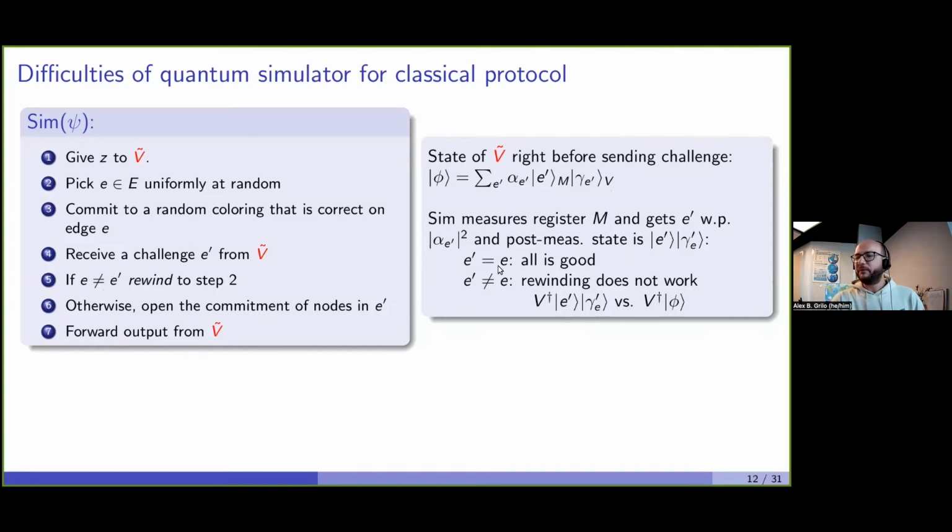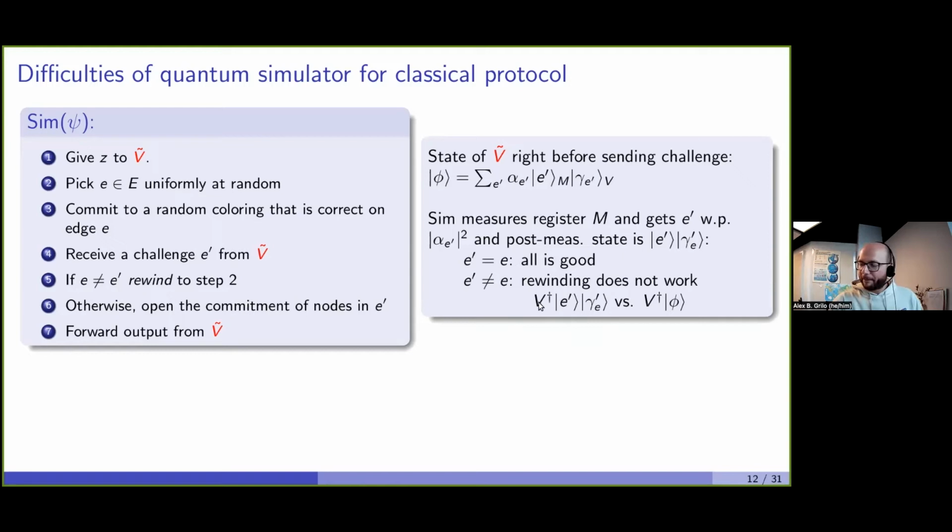And again, if E is equal to E prime, everything is good, because then we are in the case where the simulator committed to the right graph. But if E is different from E prime, we cannot simply rewind to step 2, because this measurement, which checks whether E is equal or different from E prime, disturbs this quantum state.